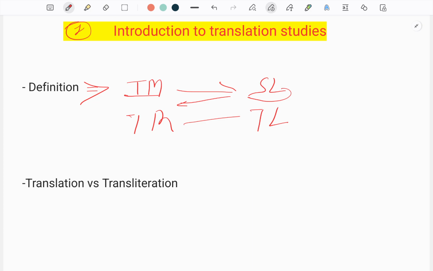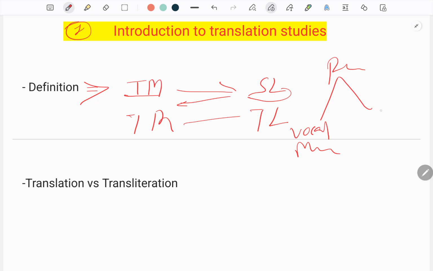According to the linguistic point of view, translation is an operation that is performed on a language. Performed means we have two kinds of performers: first, vocal movements, and second, hand movements.